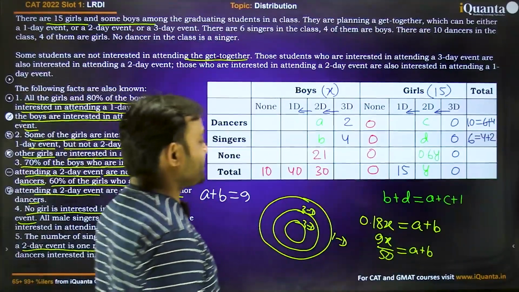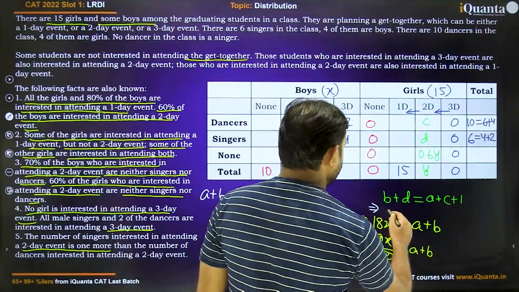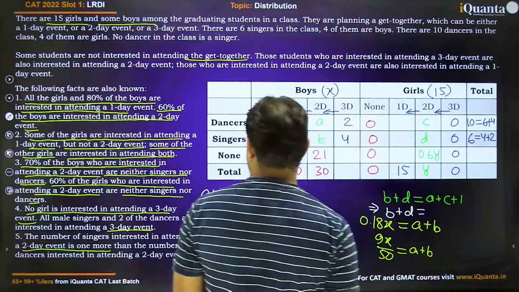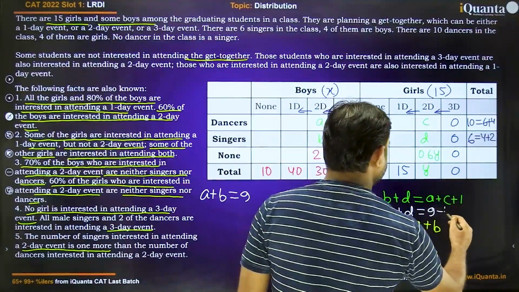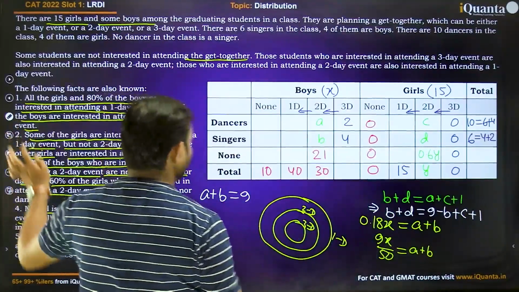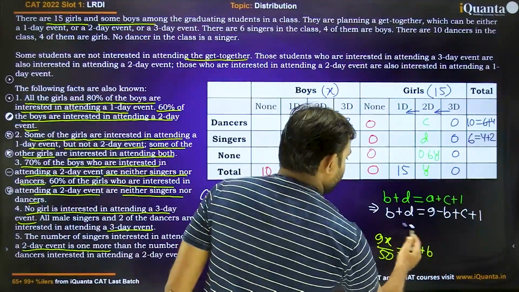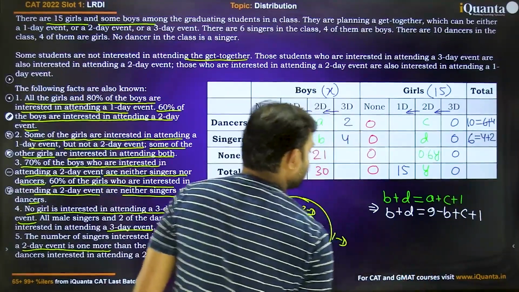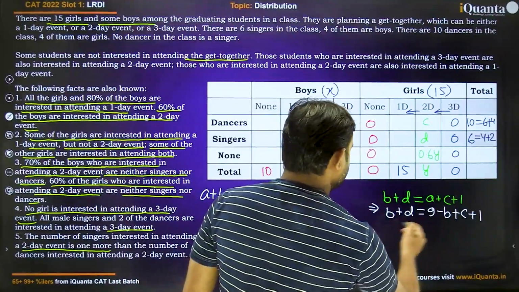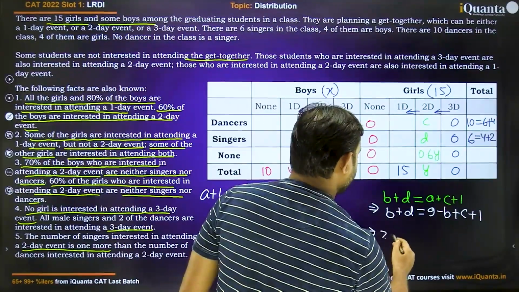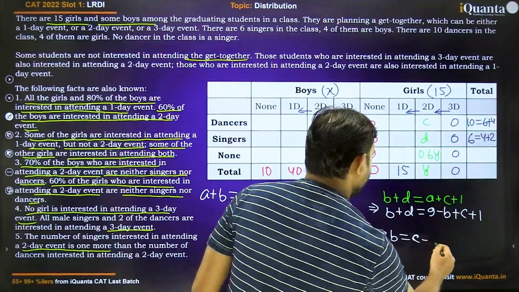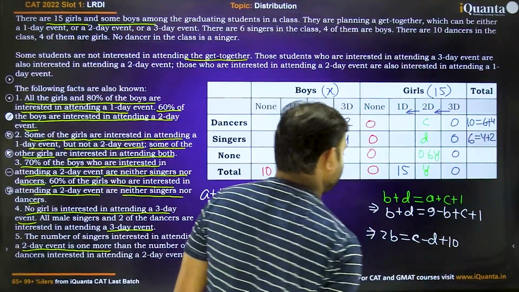So we can put 9 minus B for A, and from there we get 2B equal to C minus D plus 10, right?